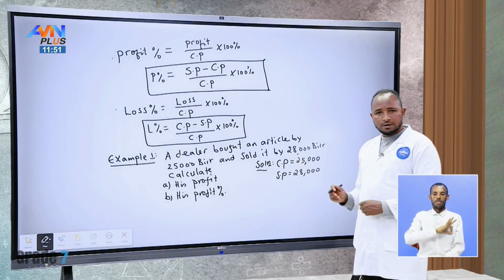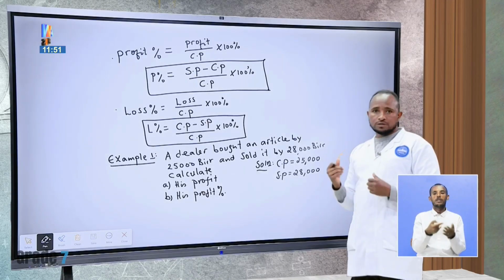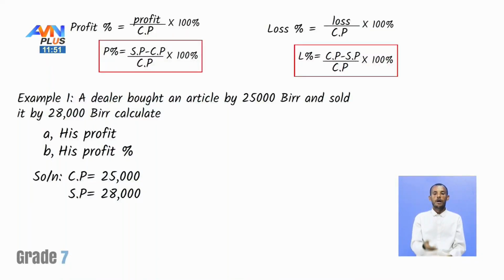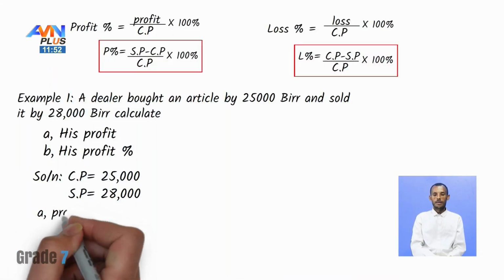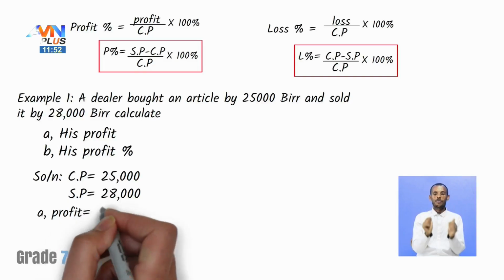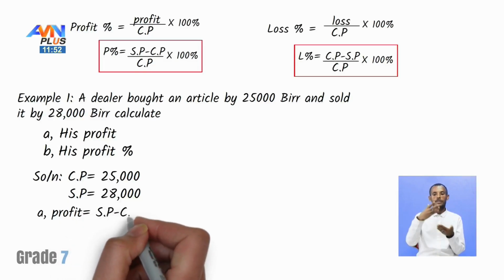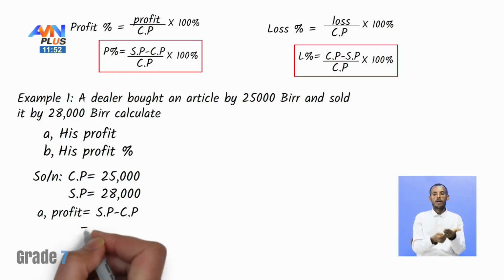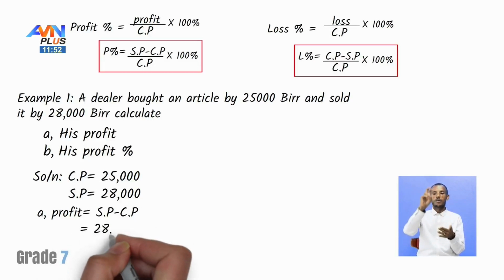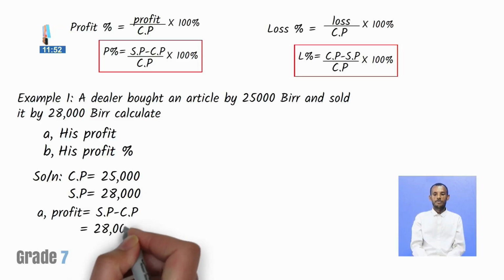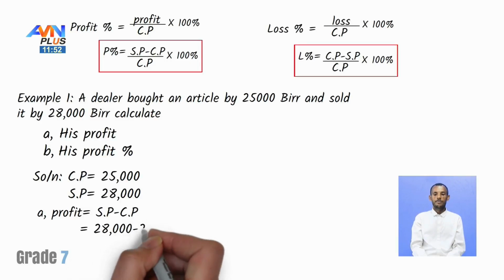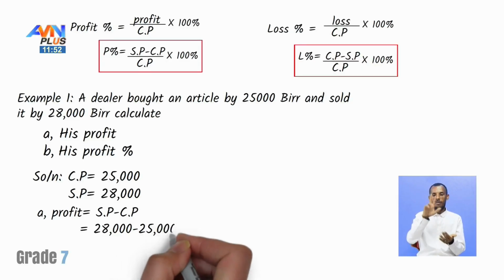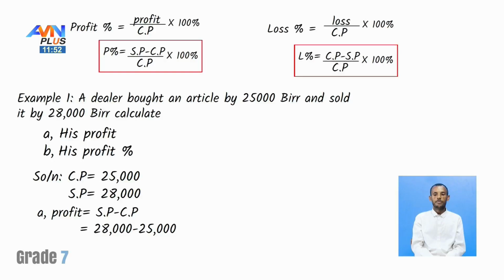The first question is, we are asked to calculate the profit. As you can see here, he sold more than the cost. Therefore, he has a profit. And the profit is equal to selling price minus the cost price. Here, the selling price is 28,000, minus the cost price, 25,000.